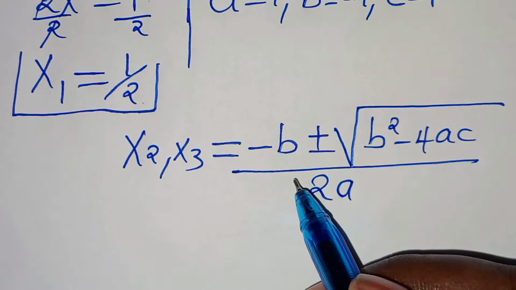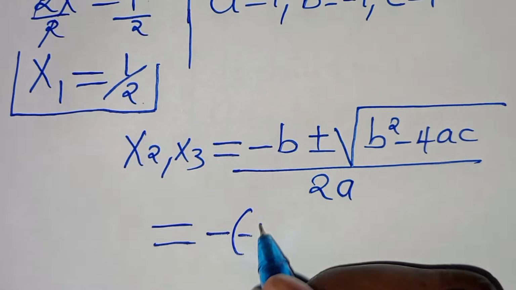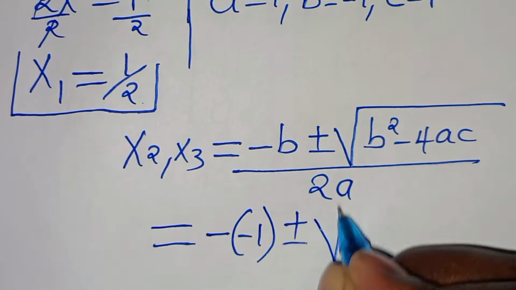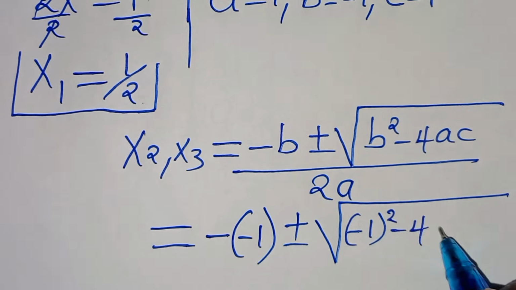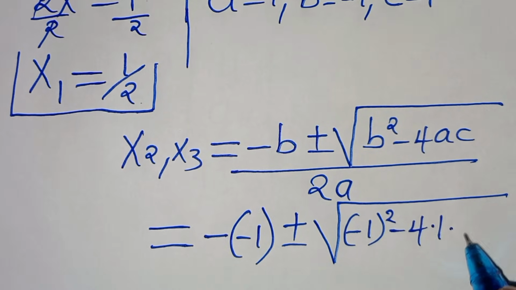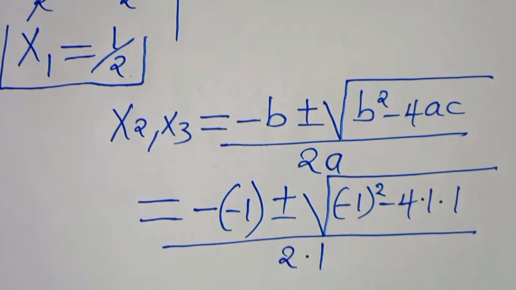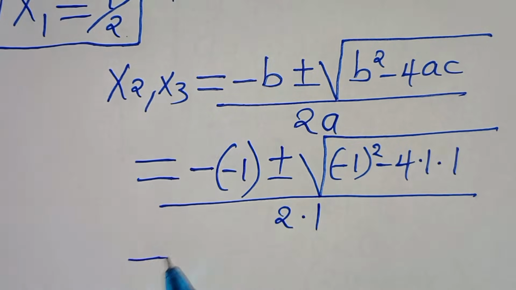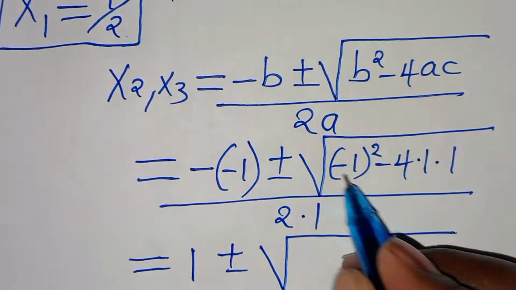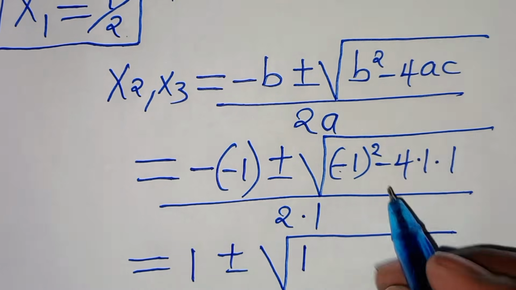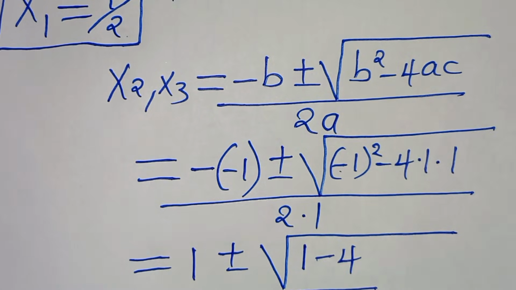Let's substitute the values of a, b, and c, so that now we have minus minus 1 plus or minus the square root of minus 1 raised to the power of 2, subtract 4 times a, which is 1, times c, which is 1. Then everything divided by 2 times 1. So minus times minus 1, this is 1, plus or minus the square root of minus 1 squared, this is 1. Then minus 4 times 1, this is minus 4. Then divided by 2.